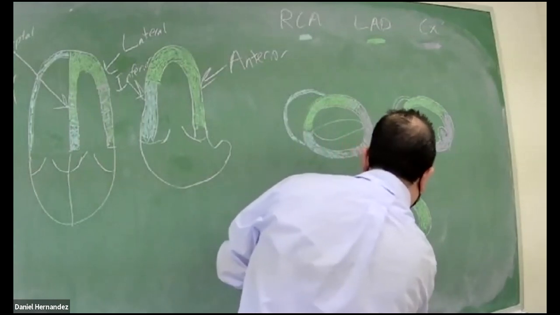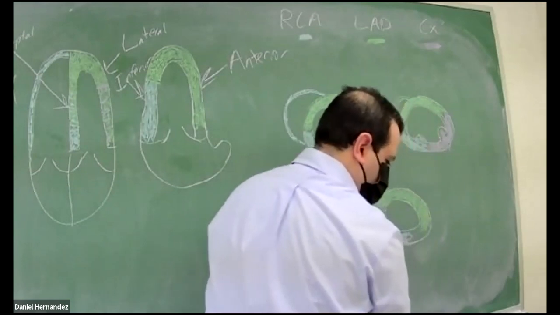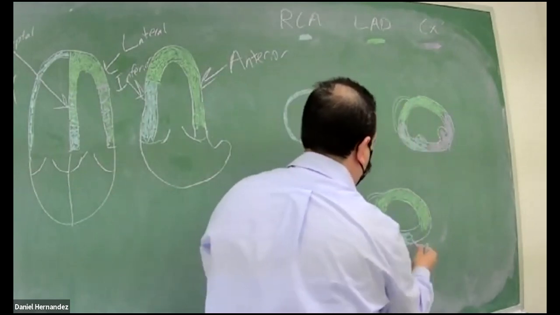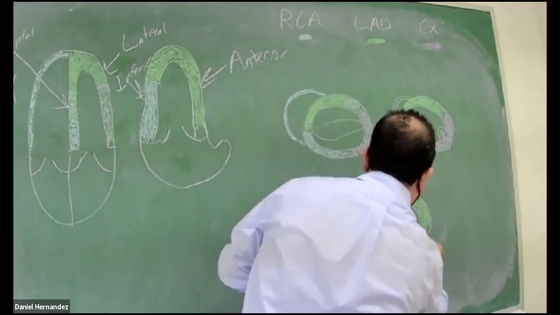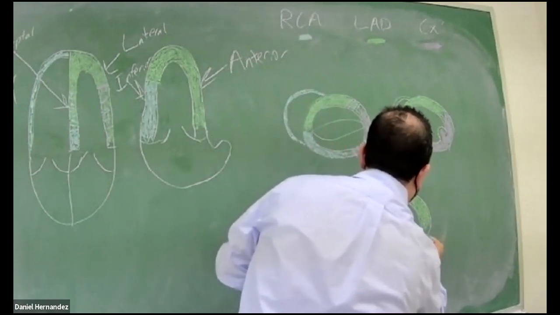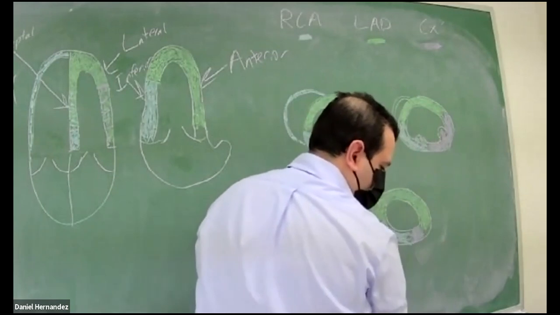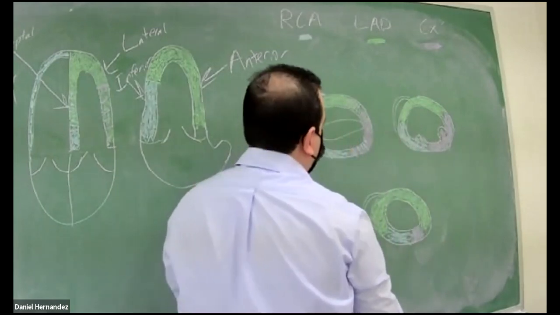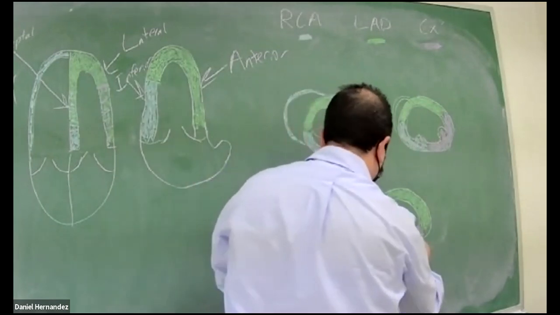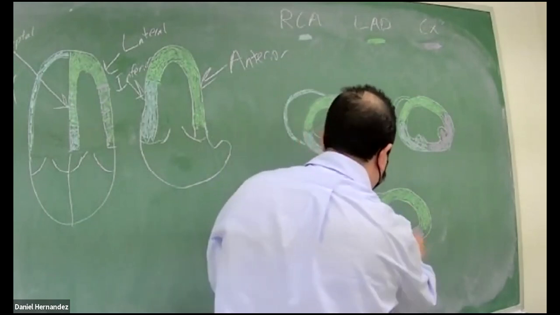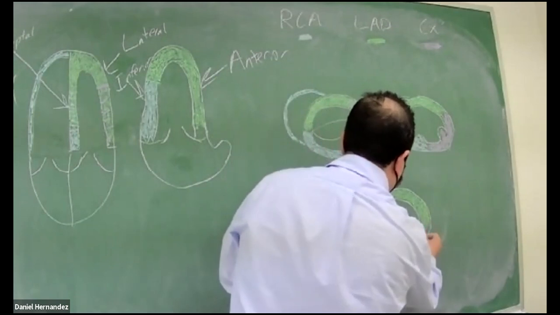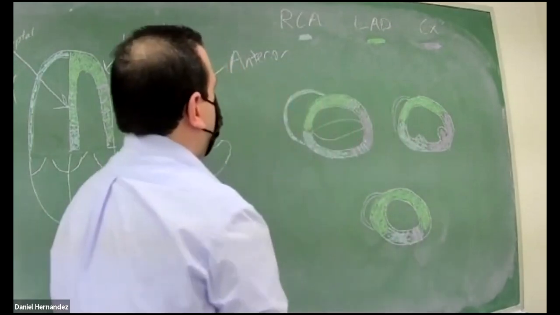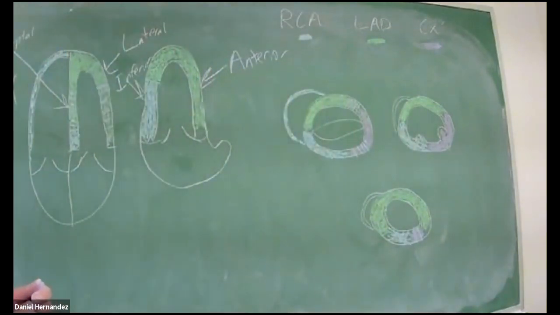Inferior wall, for our RCA, and then for circumflex. And again, down here by the apex, it could be either the RCA or circumflex along that posterior inferior wall.